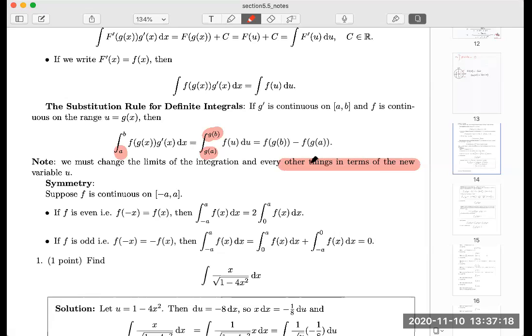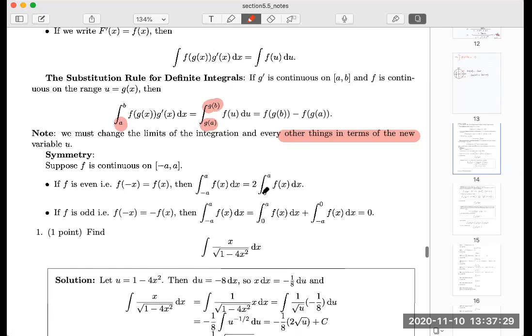Another property in this section is the symmetry property. It is very nice. It allows you to compute an integral over a so-called symmetric limit from negative a to a. If it is an even function, then this integral is 2 times the integral from 0 to a of f(x) dx.